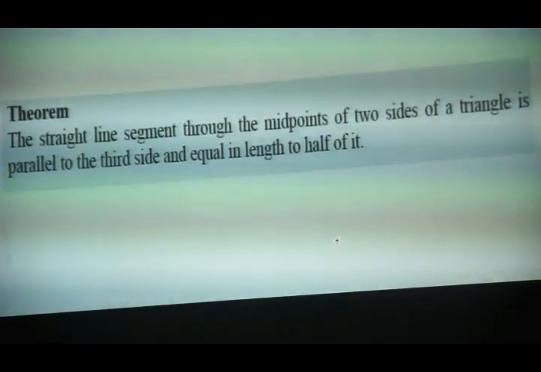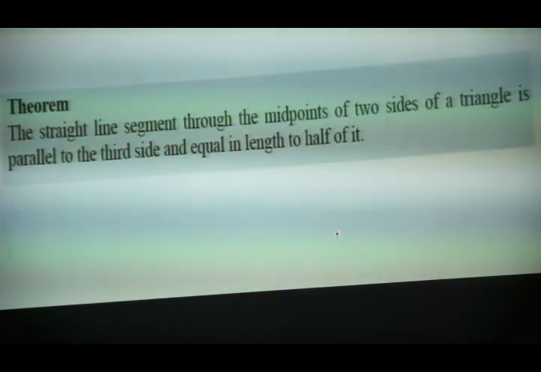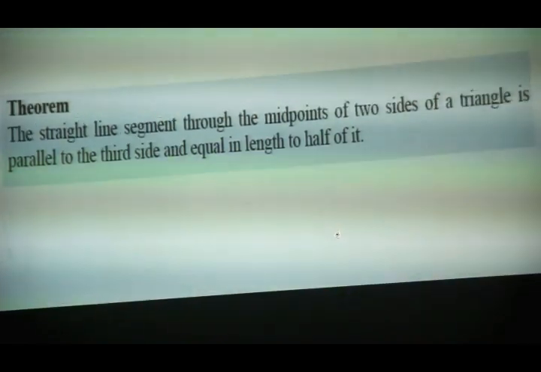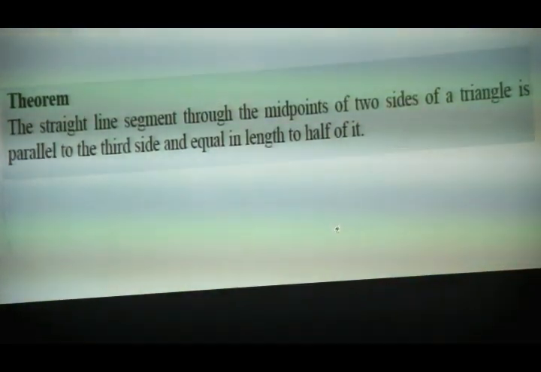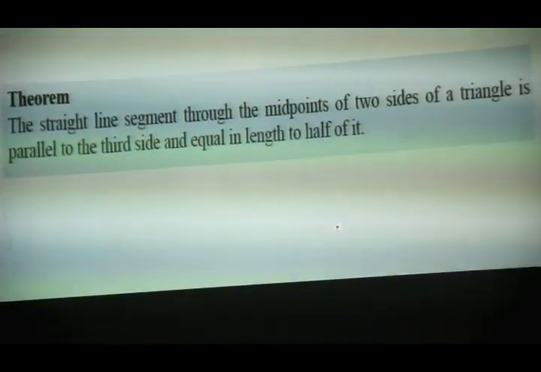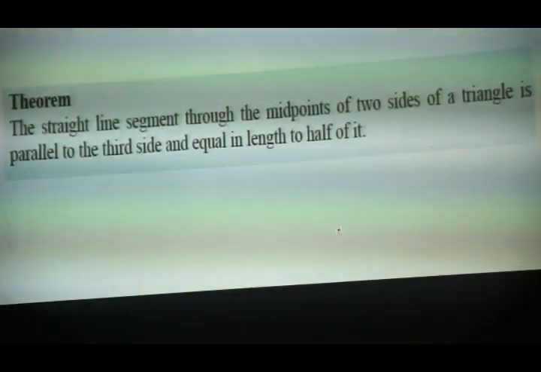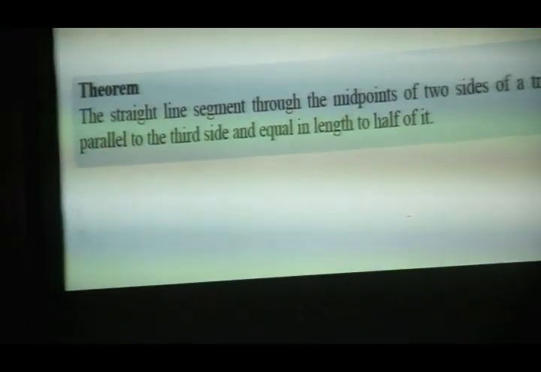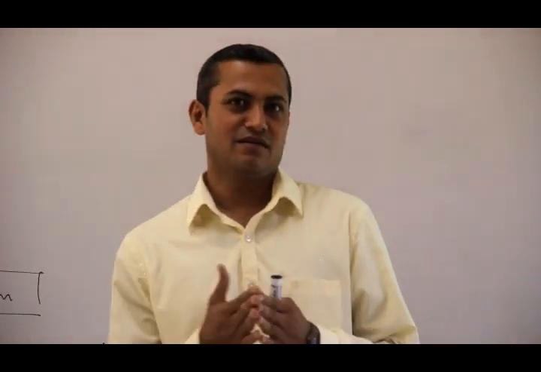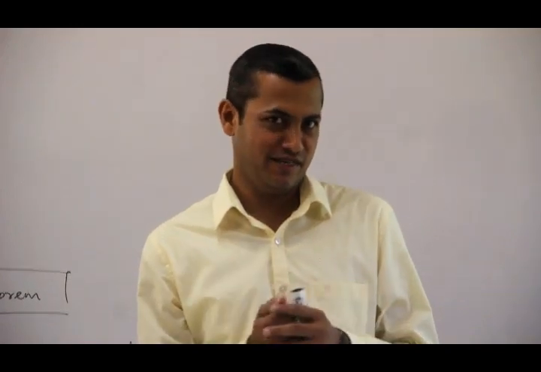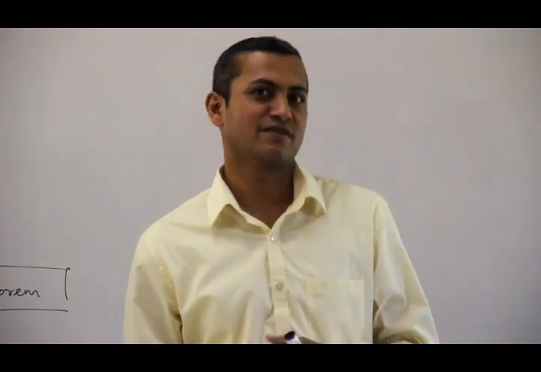The straight line segment through the midpoints of two sides of a triangle is parallel to the third side and equal in length to half of it. Simply we can say the line joining the midpoints of any two sides will be parallel to the third side and half of the third side.